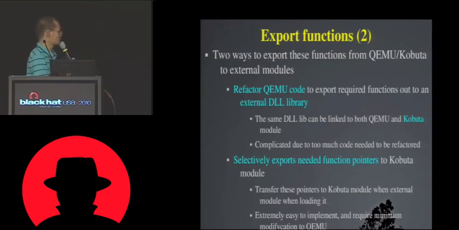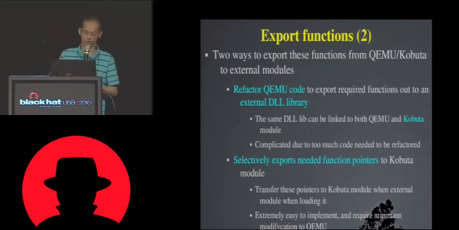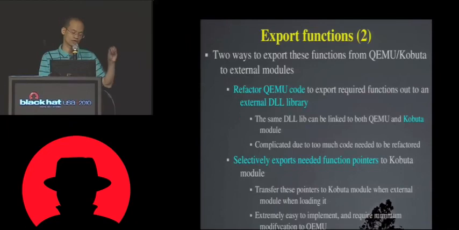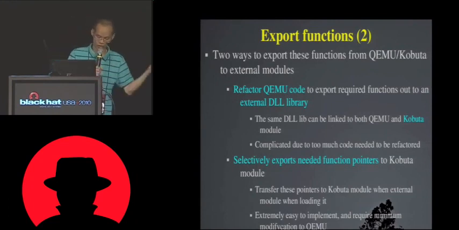The second way is that we just selectively export the needed function pointers for the Kubota module. And after that, we transfer the function pointers to the Kubota module when we load it into the memory. And this way, it's extremely easy to implement. You need a very small patch and require minimum modification to QEMU. So we go with the second way.